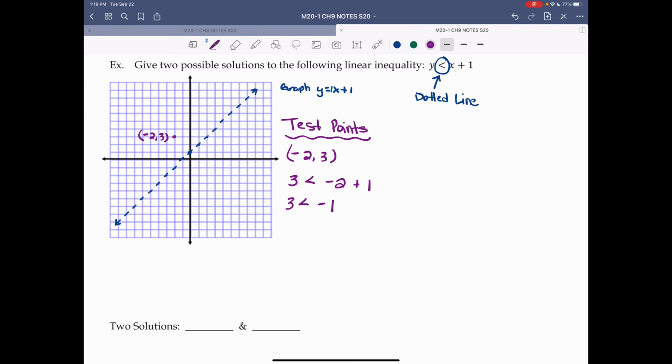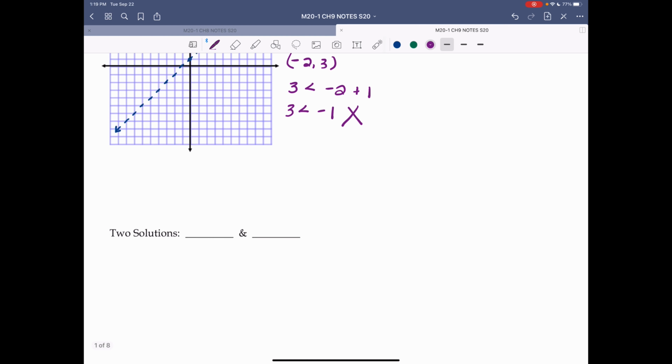Is 3 less than -1? No. -1 is less than 3. 3 is not less than -1. So that point gives us a false result, which means that we would not shade that side of the graph.